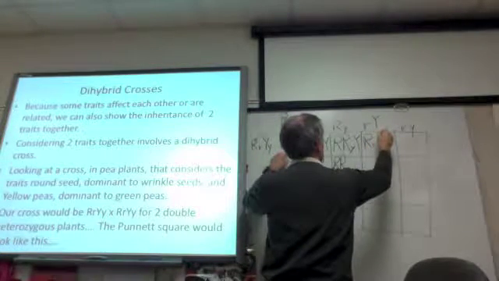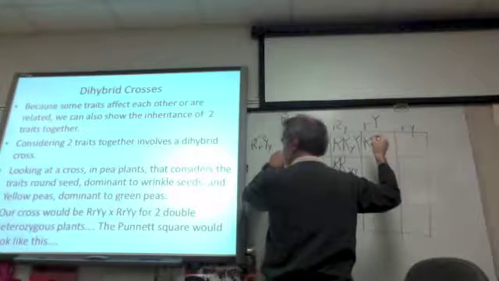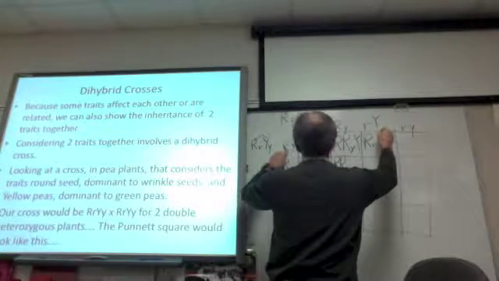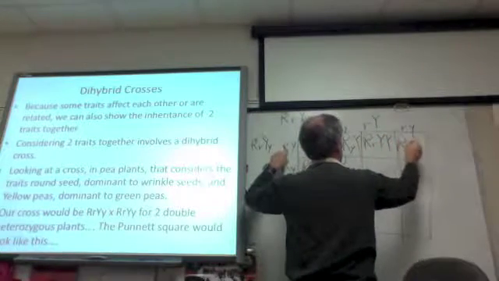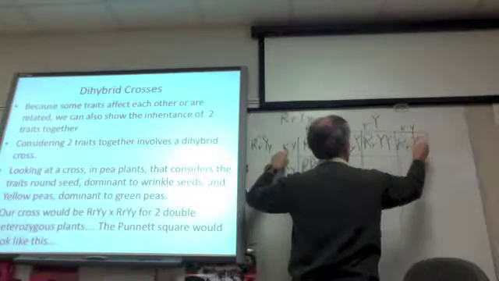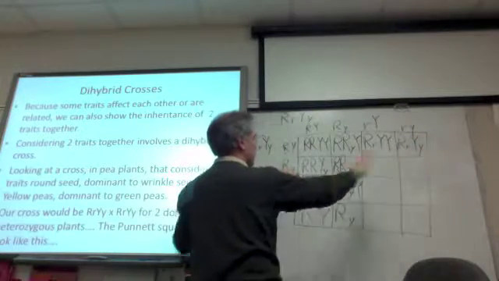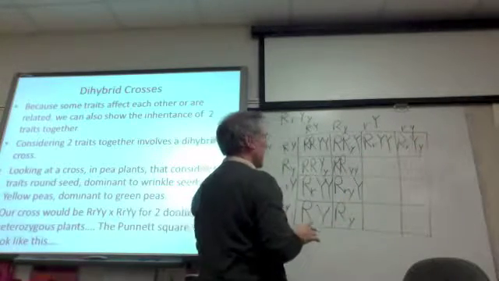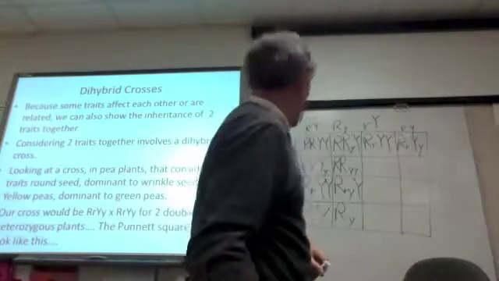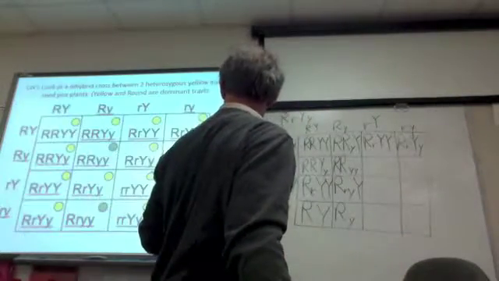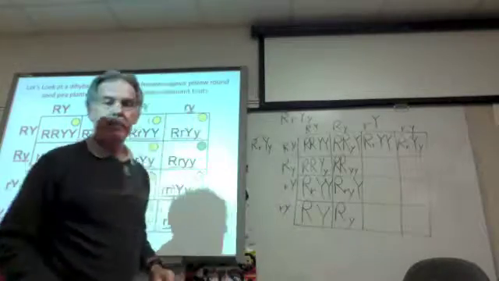I think I've got a key at the end so you can see what it's going to look like. So we've got big Y, we've got big R, we've got big Y, little y, and going to finish this all the way across, and when we get through, you should see that this is what we end up with.